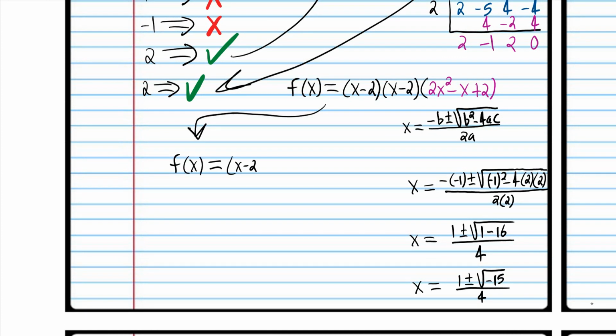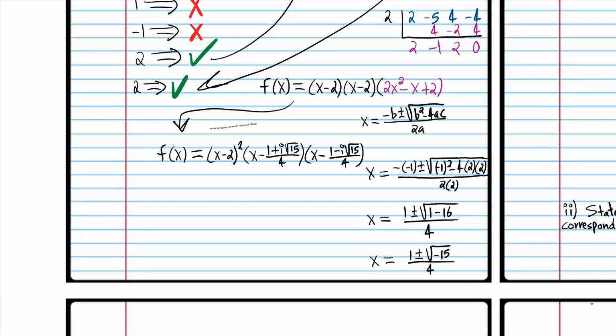We have x minus 2 squared times x minus 1 plus, and I'm going to take the negative out of the root as an i, 1 plus i root 15 over 4. And then we have x minus 1 minus i root 15 over 4.